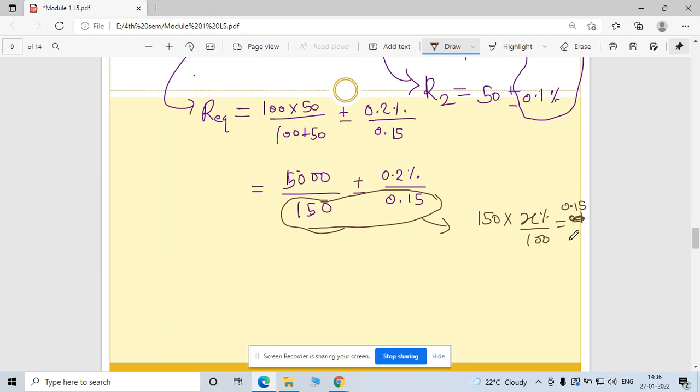Now solve it. When you solve this, you will find this x percent is nothing but 0.15 divided by 15 multiplied by 10. So this cancels out, this is 0.1. When you multiply, you will get 1.